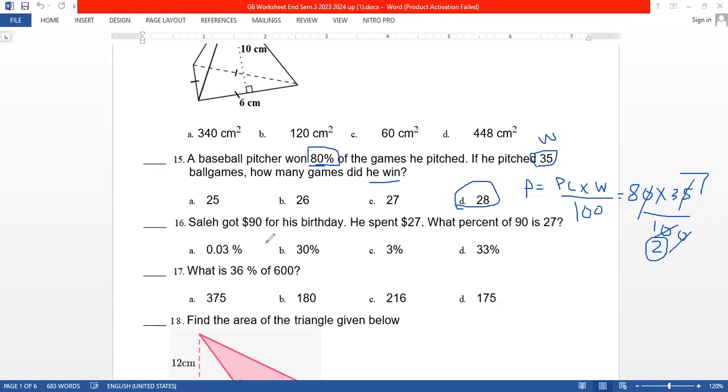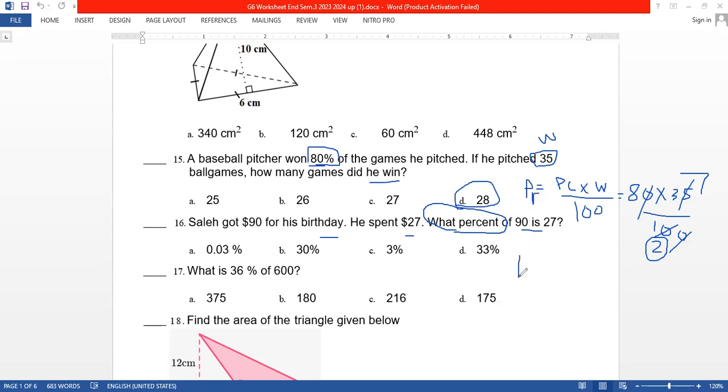Saleh got $90 for his birthday. He spent 27. What percent of 90 is 27? So he wants the percent. To find the percent, we have another rule. That rule was for the part.